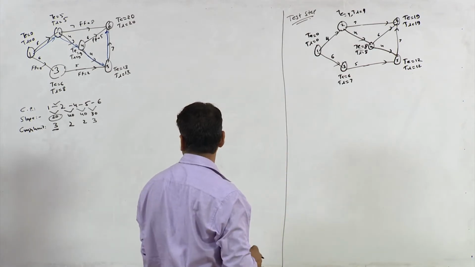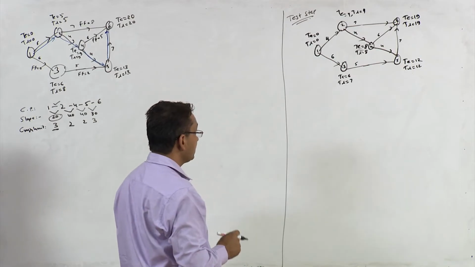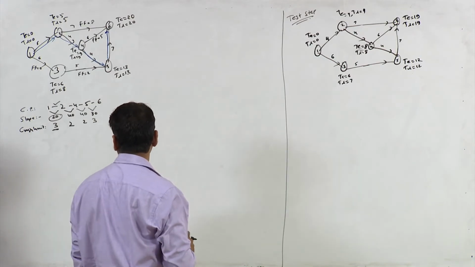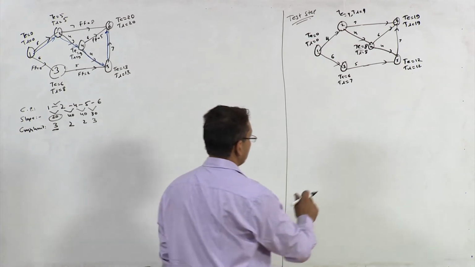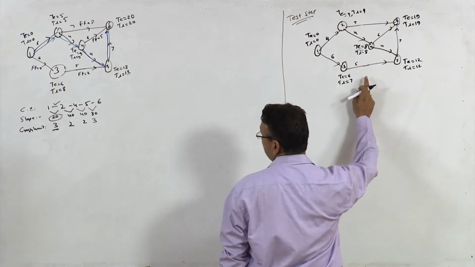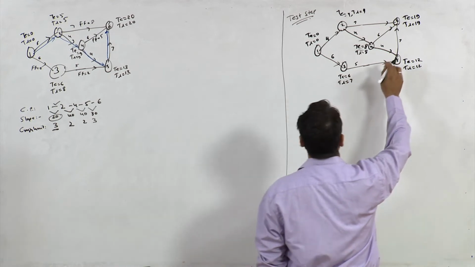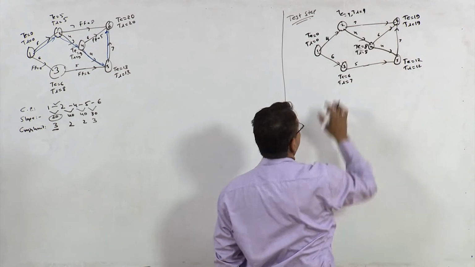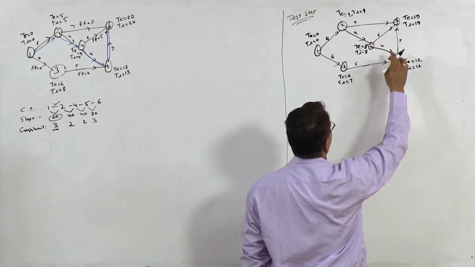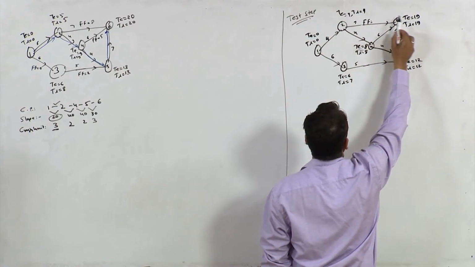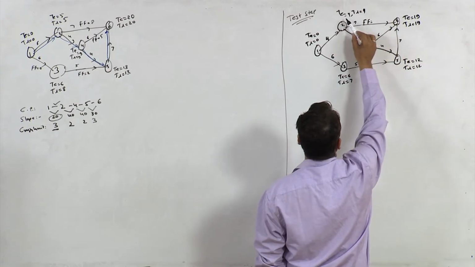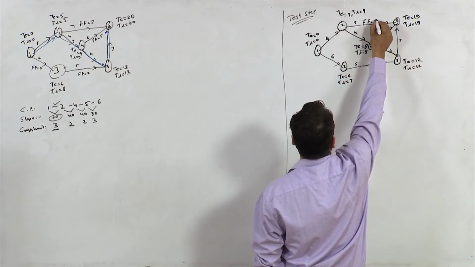Let us find out change in float of non-critical activities. So which were the non-critical activities? This was the non-critical activity, right. So free float for this would be TL minus TE, right. So 19 minus 4, 15, this is 8.